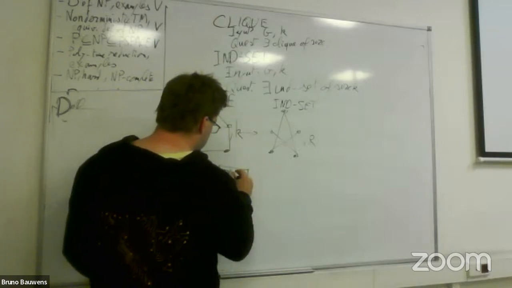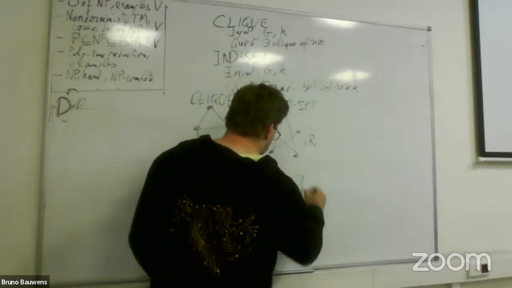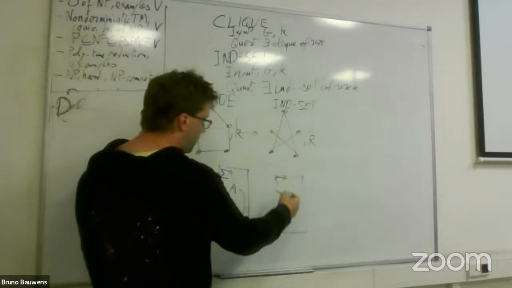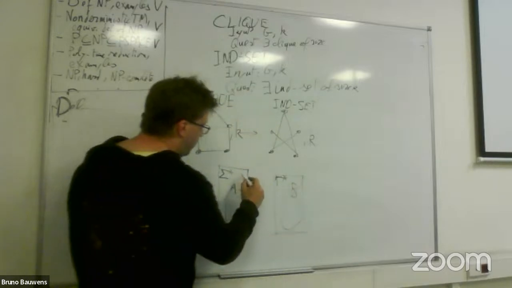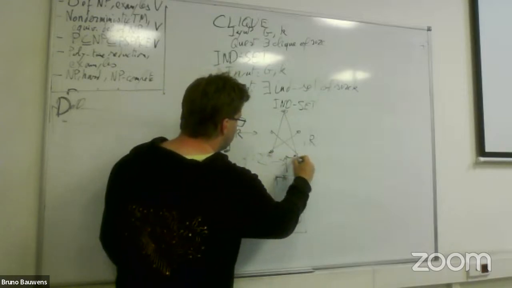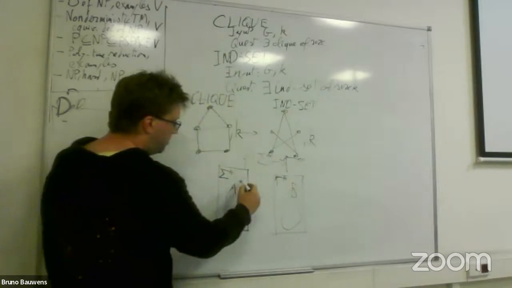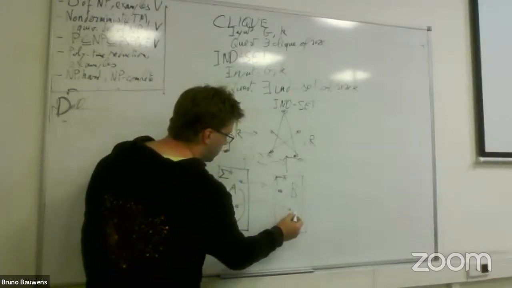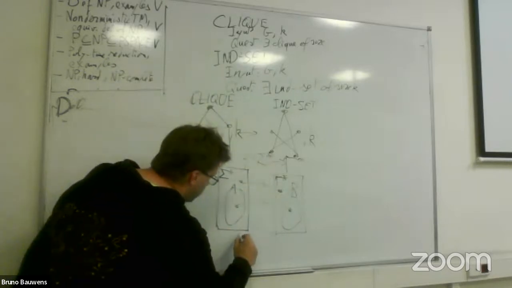So here we have sigma star, and here we have a language A. Here we have gamma star. There is another alphabet gamma, gamma star is all words of this alphabet. And we have B and a function f mapping sigma star to gamma star. It is a polynomial time reduction if every element outside A goes outside B, every element inside A goes inside B, and f can be evaluated in polynomial time.